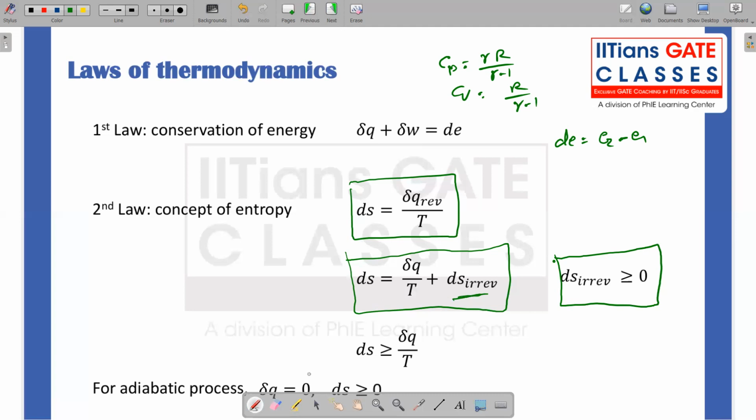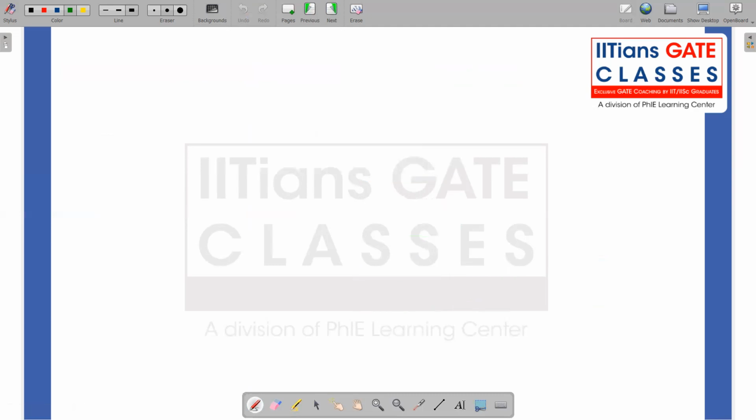There is no heat transfer within the process. That is the idea of an adiabatic process, right? That leaves us with dS greater than or equal to 0, because there can be irreversibilities in our adiabatic process. When we consider it an isentropic process, then only we bring in the constraint of dS equal to 0. There is no change in entropy, right?